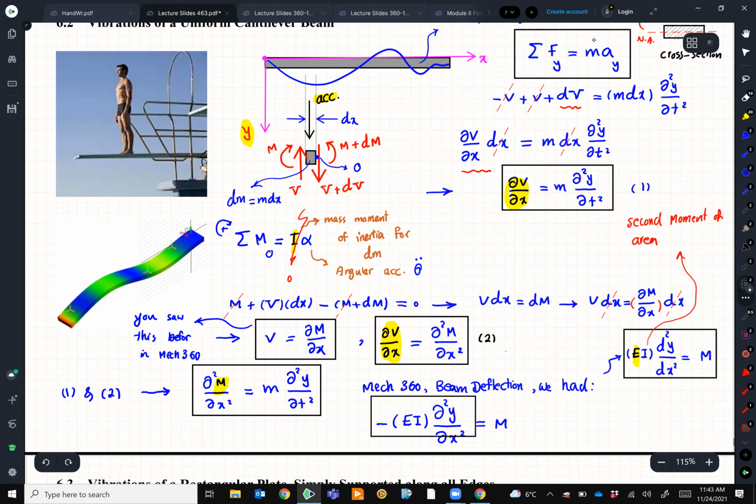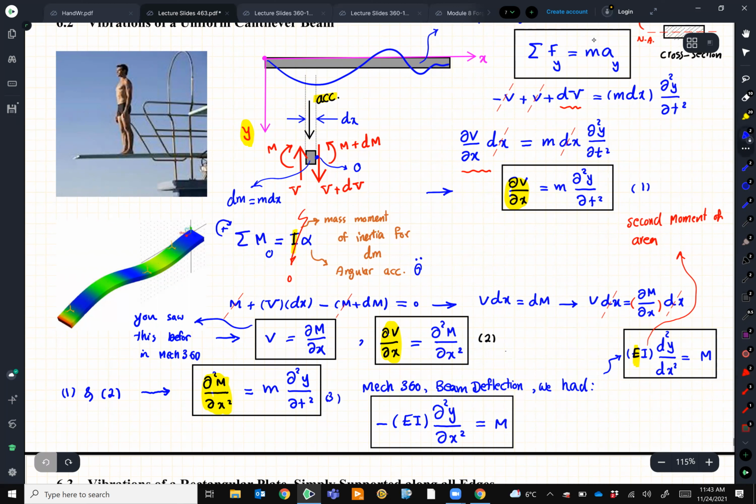So the relation between a bending moment at any point and EI, the modulus of elasticity multiplied by the moment of inertia I, and the second derivative of y with respect to x. Let's call it equation 3.